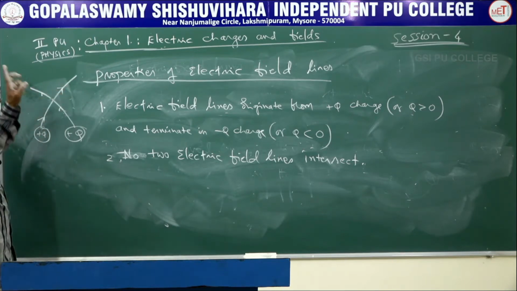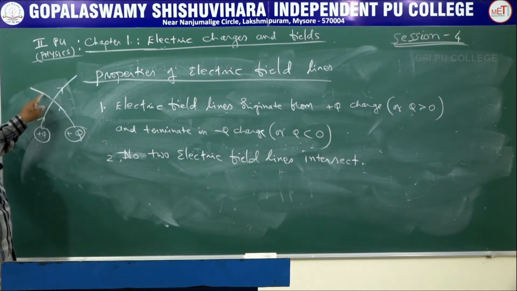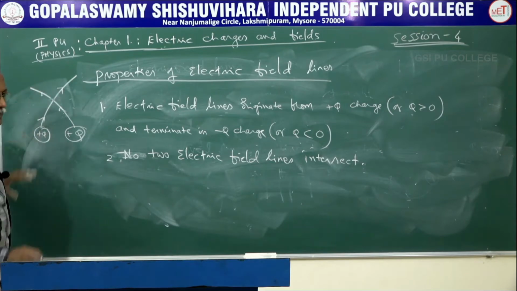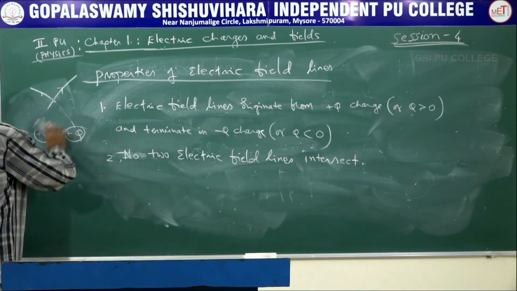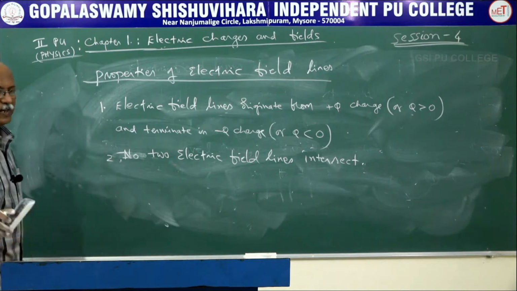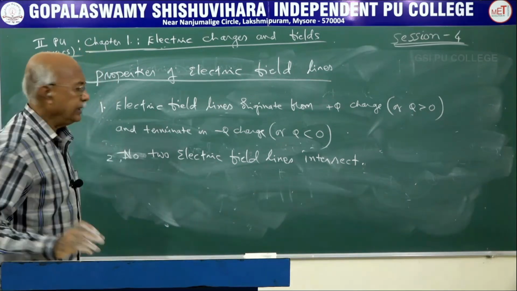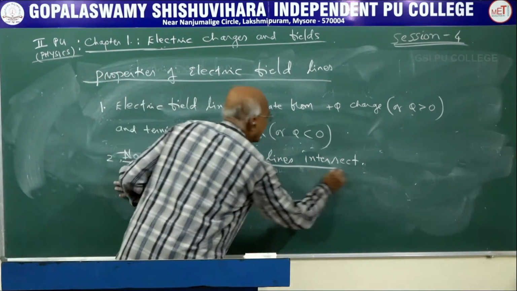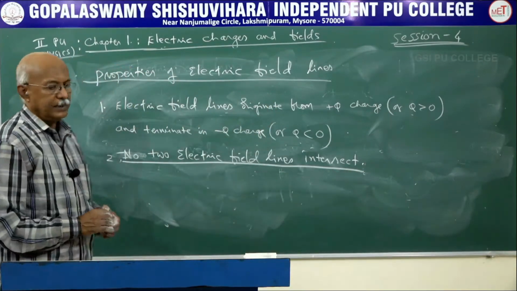So we know that it is impossible to have at the same instant of time two particles available at two different places. Hence this is not valid. The case is a failure. Therefore it is impossible. No two electric field lines intersect each other. So this is the important aspect. You will remember that no two electric field lines intersect.